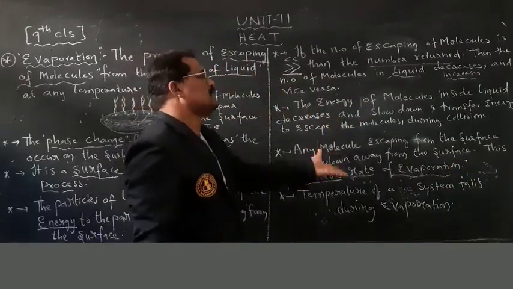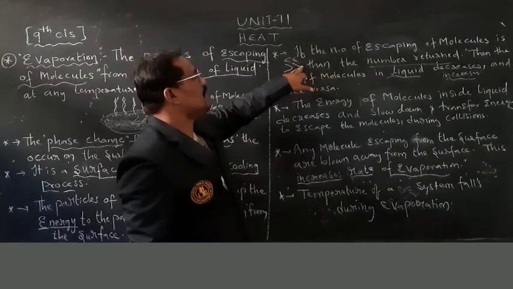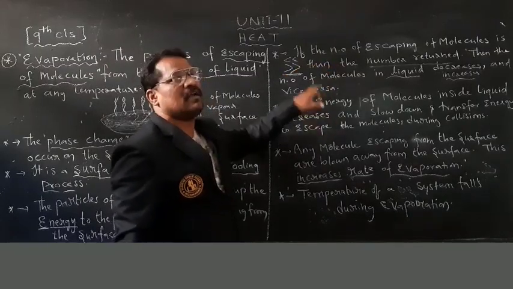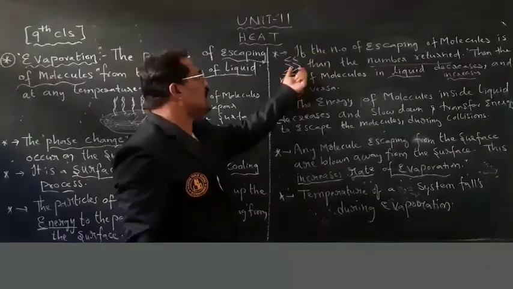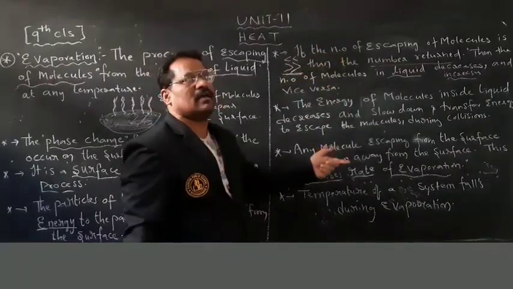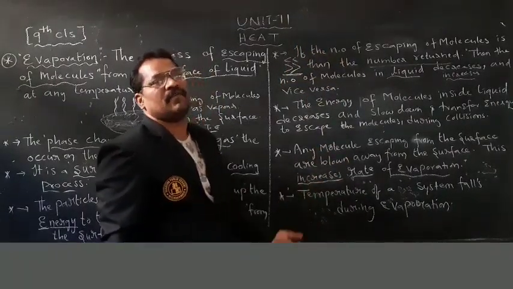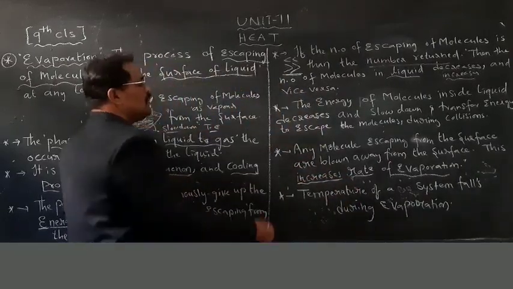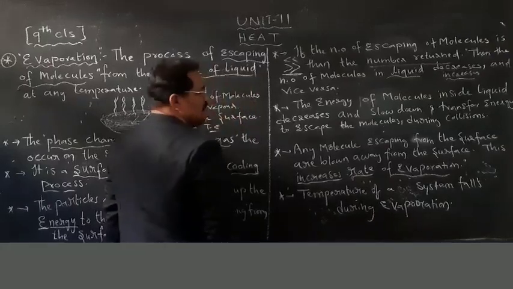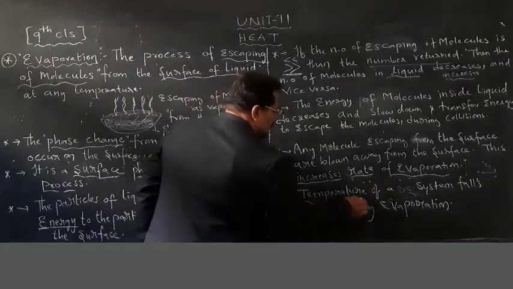If molecules are escaping with high energy, in greater number than the number of molecules returned, then what happens? Its rate of evaporation increases. If it is lesser than the number of molecules returned, then what happens? The rate of evaporation gradually decreases. Therefore, this rate depends upon one thing, that is nothing but what?